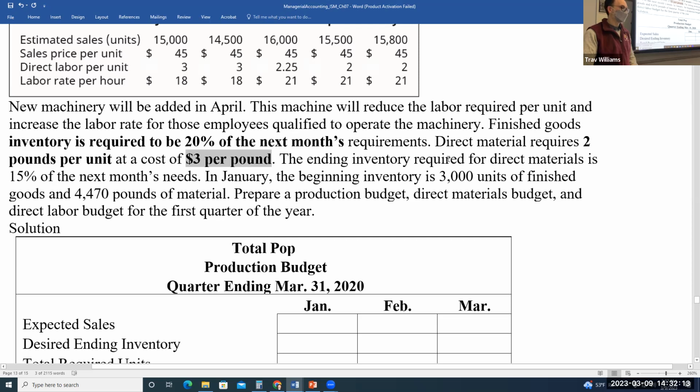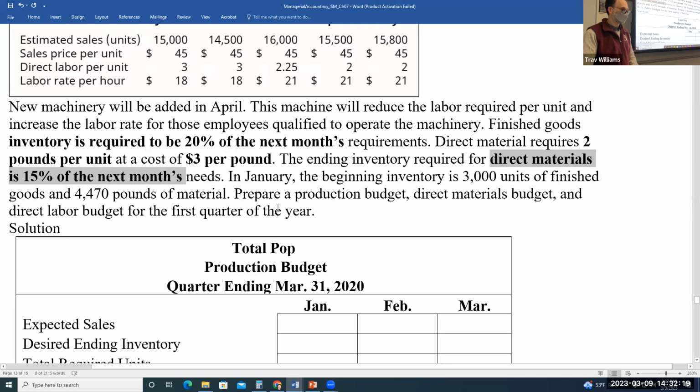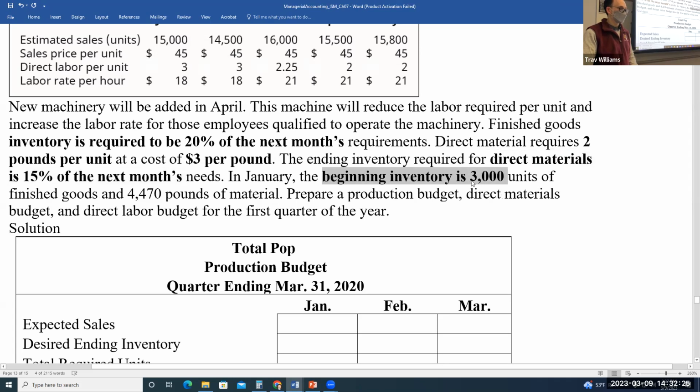Ending inventory for direct materials is 15% of the next month. They give us beginning inventory in January, both for the finished goods and for the material. All right, we're going to make a production budget, direct materials budget, and a direct labor budget.